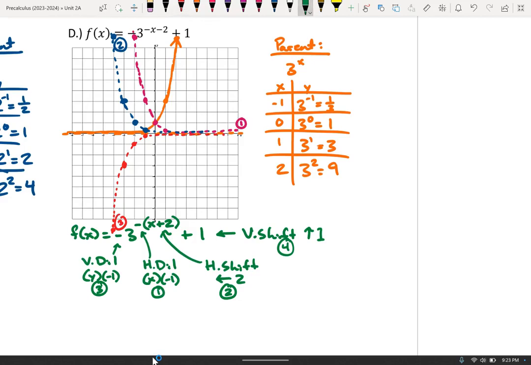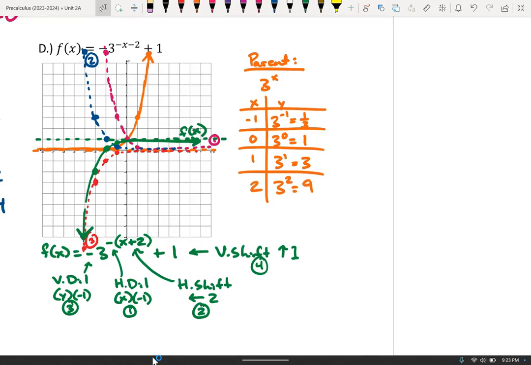And then the last transformation is our vertical shift, where everything, including the horizontal asymptote, moves up 1 space. So there's my horizontal asymptote up at y = 1, and then all my points move up 1 space. And that is f of x.